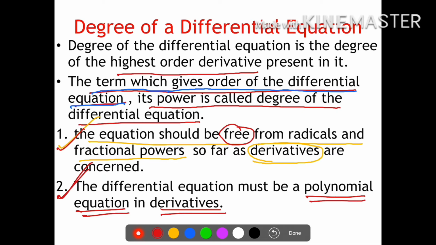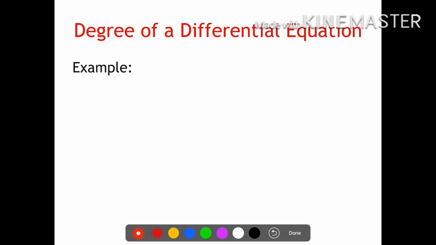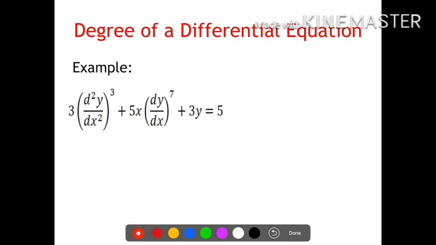Let us take some examples. Now consider the differential equation 3 (d²y/dx²)³ plus 5x (dy/dx)^7 plus 3y equals 5.